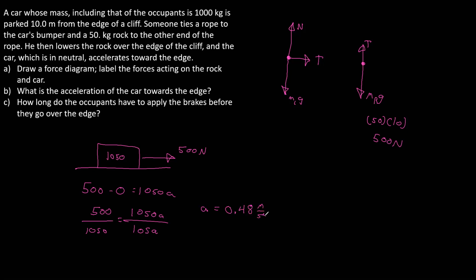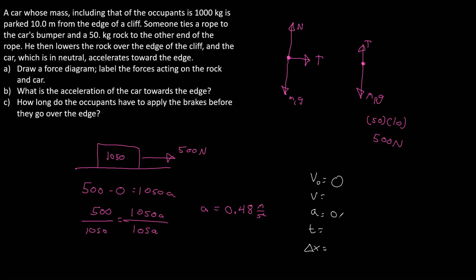And then part C says, how long do the occupants have to apply the brakes before they go over the edge? If they're asking for time, we're back into a kinematics problem. So let me go ahead and change colors here, go with white. So V naught, V, a, t, delta x. The car is at rest, one would have to assume.